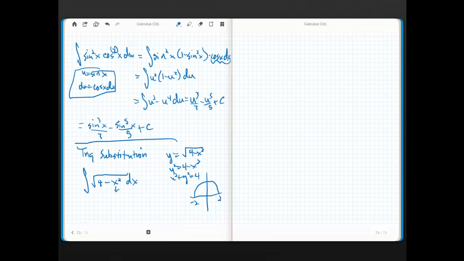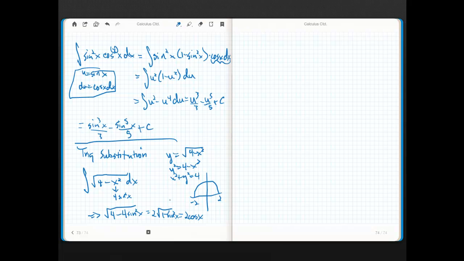Do you guys realize that if I could somehow turn x squared into 4 sine squared x, then wouldn't that imply that I would have the square root of 4 minus 4 sine squared x, which is equal to 2 times the square root of 1 minus sine squared x? 1 minus sine squared x is cos squared, so this would turn into 2 cos x.